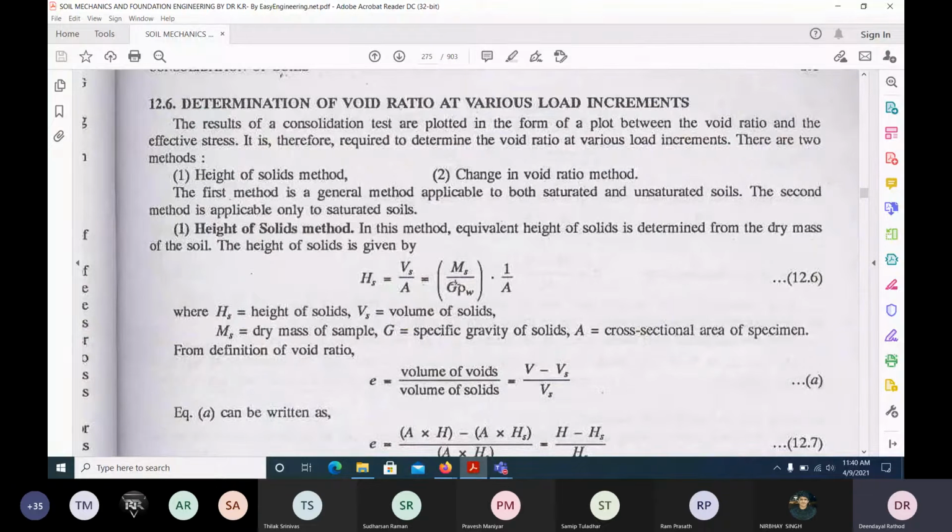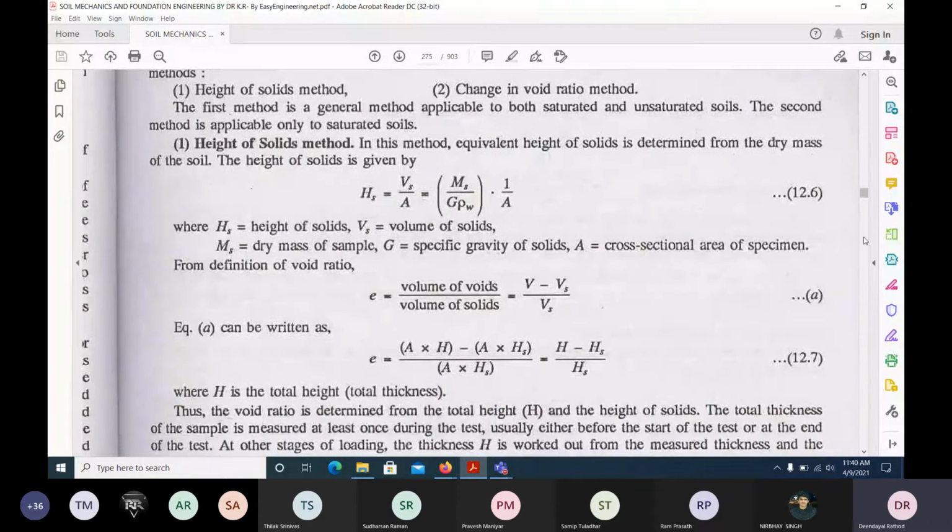So the volume of solids is equal to mass of solids divided by specific gravity multiplied by density of water. This term comes from the definition of specific gravity, which is density of solids to density of water. Density of solids is mass of solids to volume of solids, and volume of solids is mass of solids divided by G rho w, multiplied by 1 by A.